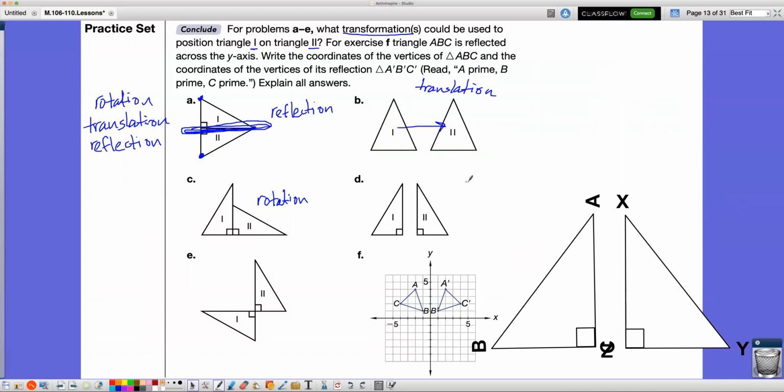If you said that in this one, for letter D, you could say that it's 2 parts. So it requires 2 things. It requires translation, but it also requires reflection.